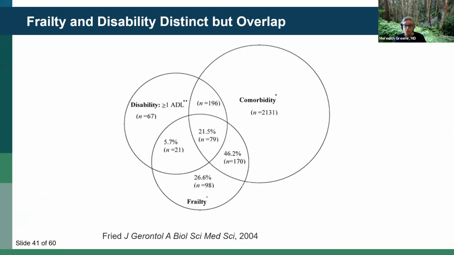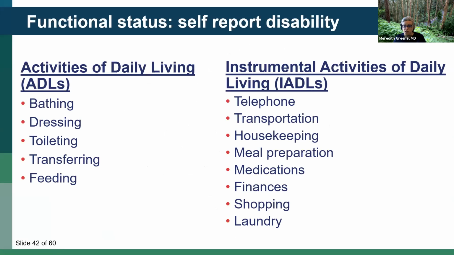So just to point out, frailty and disability are usually distinct concepts, but they overlap. Again, all of these things travel together. This is from one of Fried's studies. In this case, disability meaning dependency in activities of daily living. And when you hear geriatricians talk about functional status, this is what they're really talking about, this self-report of functional limitations and disability.